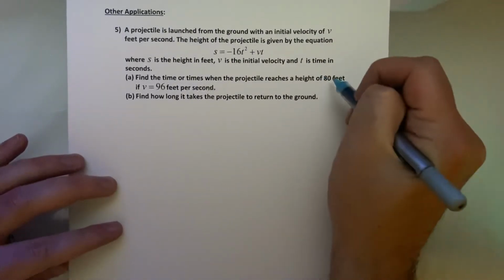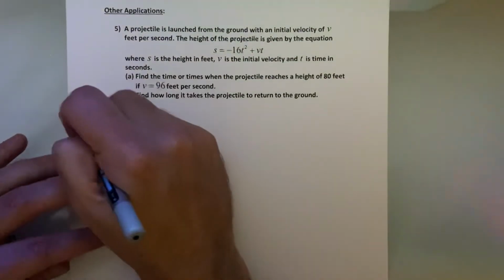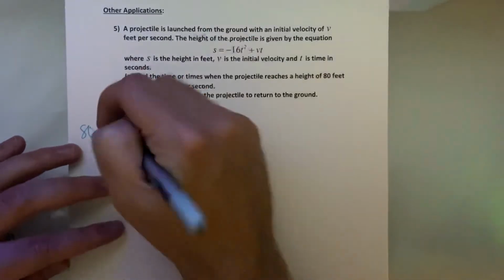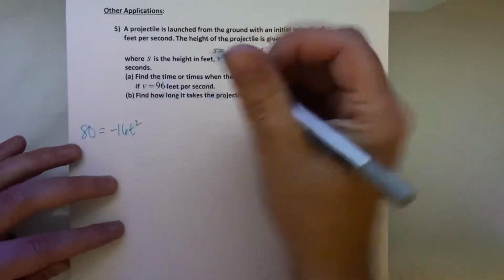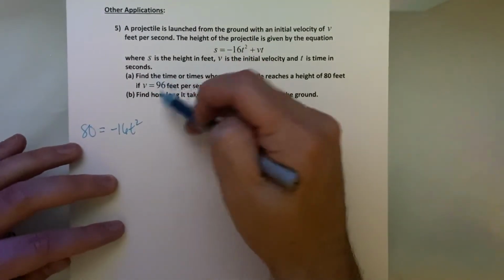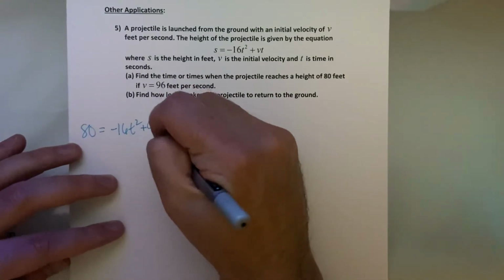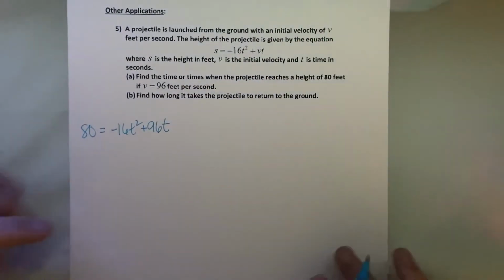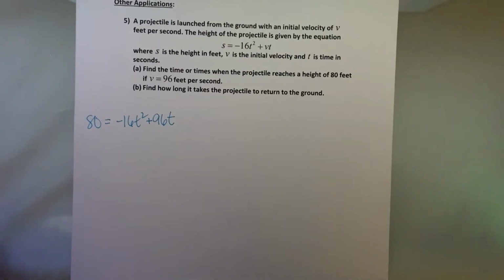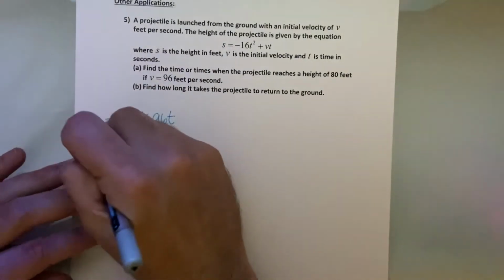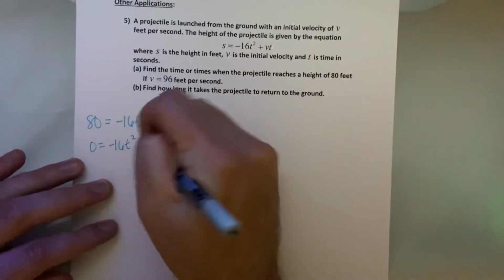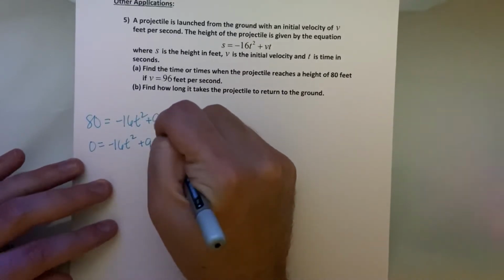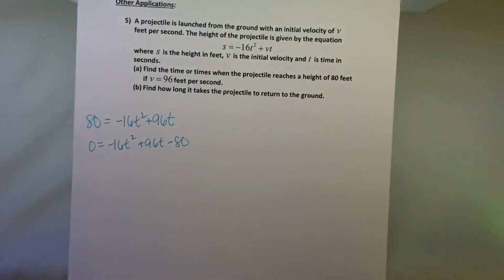Okay. So height is the s in the equation, so when is 80 equal to negative 16t squared, normally plus vt, but in this case they said v is, plus 96t. Again, it's quadratic, so I need to move the 80 over. So it's minus 80. Now most of the time I'm going to pick numbers that are nice.